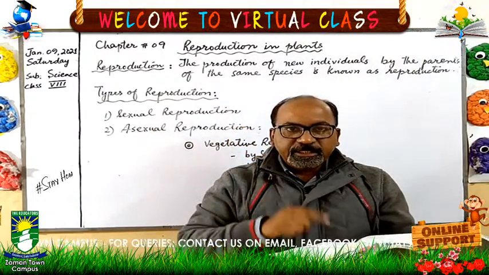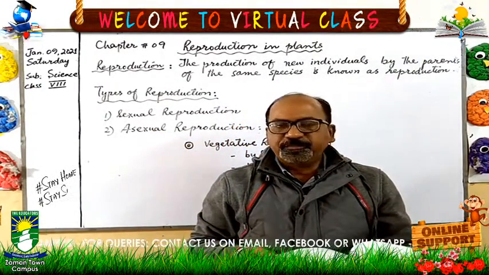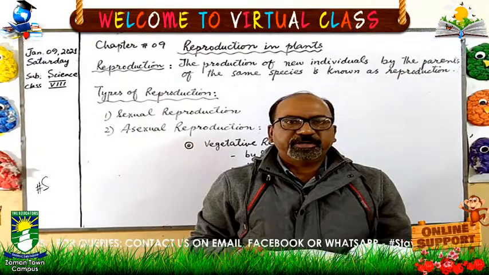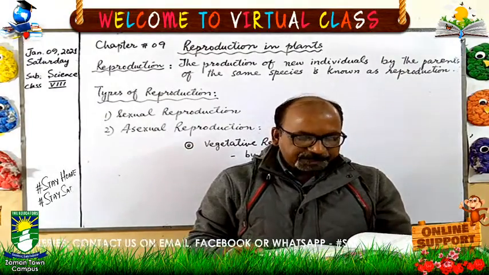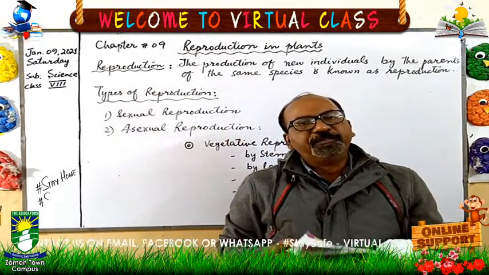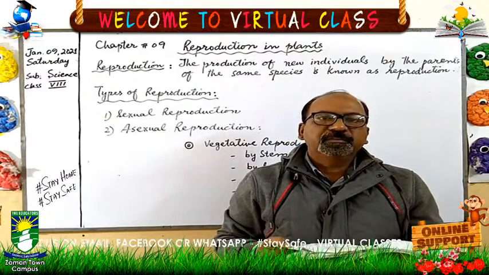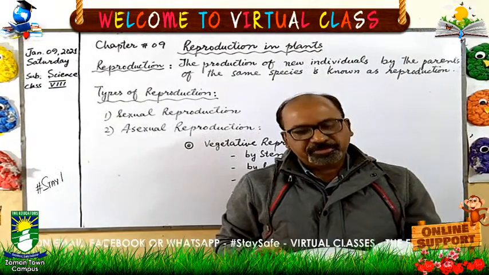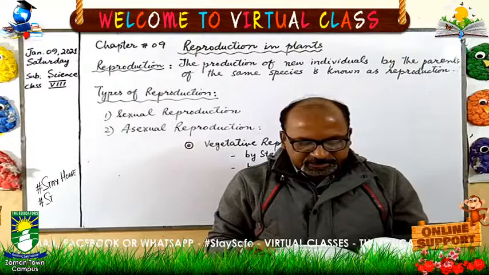But in asexual reproduction, this fusion is not required. A new plant can be produced from any part of the plant. So this is called asexual reproduction.